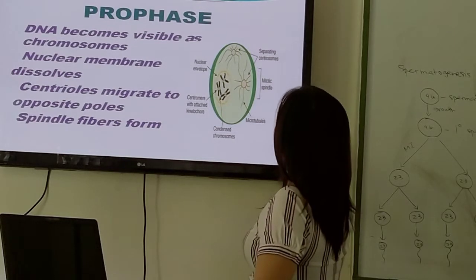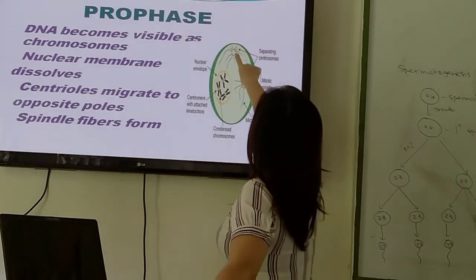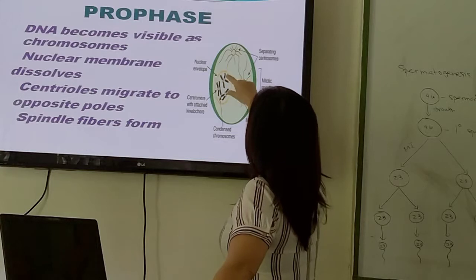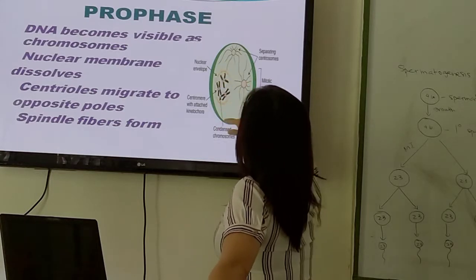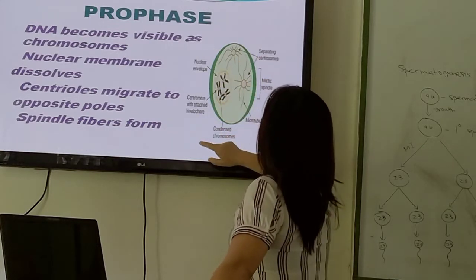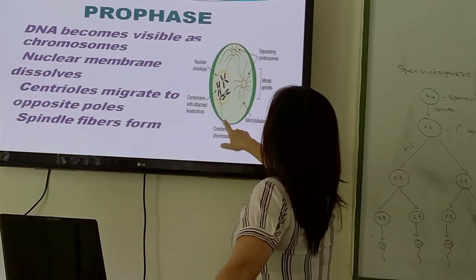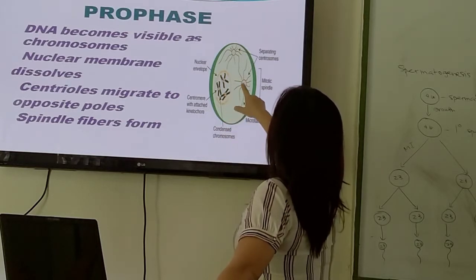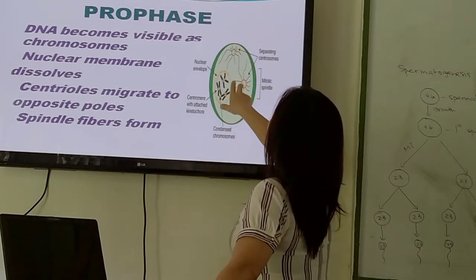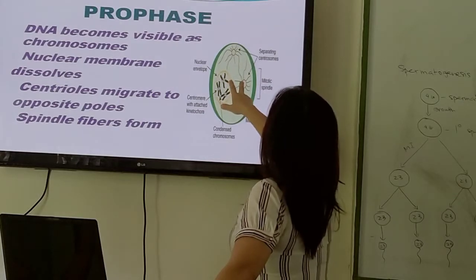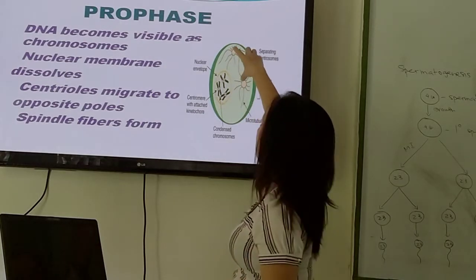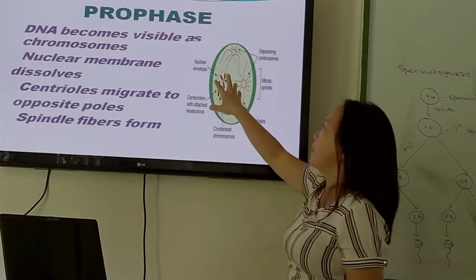Then, what else? Now, here, we have the nuclear envelope. Okay, so condensation of the chromosomes. Now, you could see here the centrosomes, a pair of centrioles on top of this.